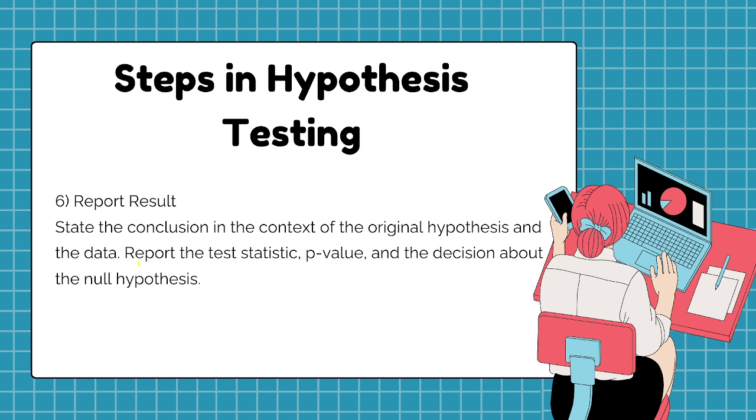Once we identify, let's say we reject, we have statistical evidence that this is the decision we should make, and then we need to report the decision through the conclusion. The conclusion should be stated in the context of the original hypothesis and the data. So we need to report the test statistic value or the p-value at a certain significance level.